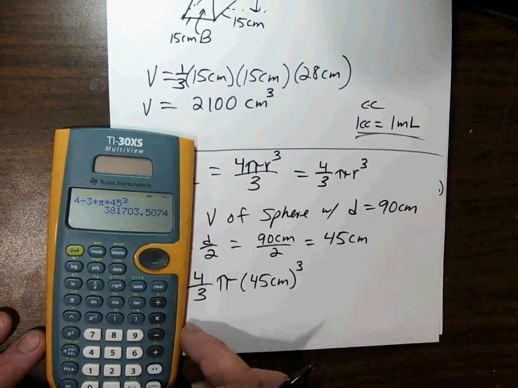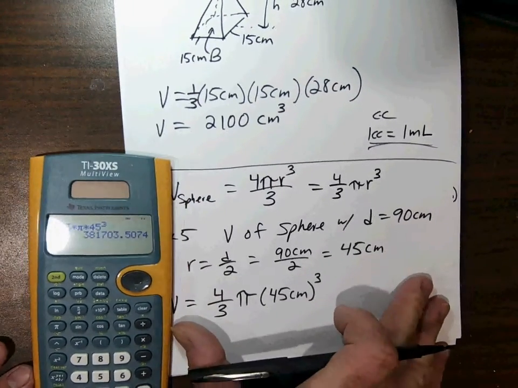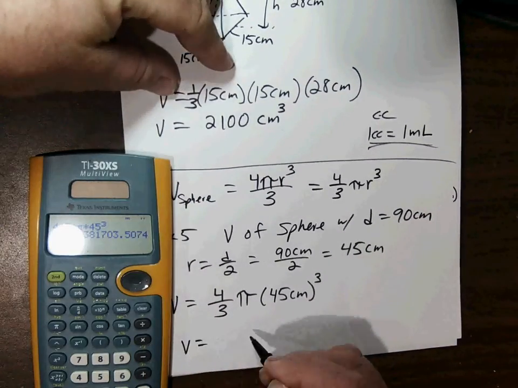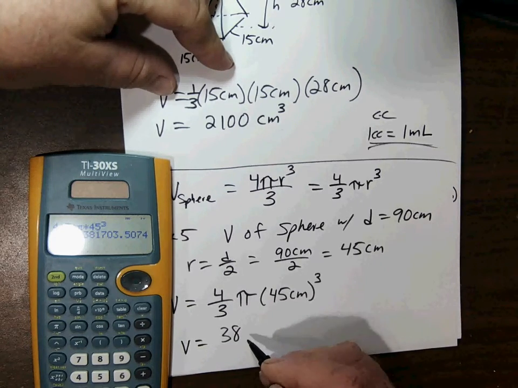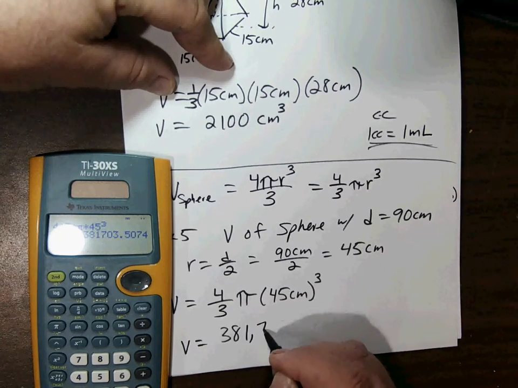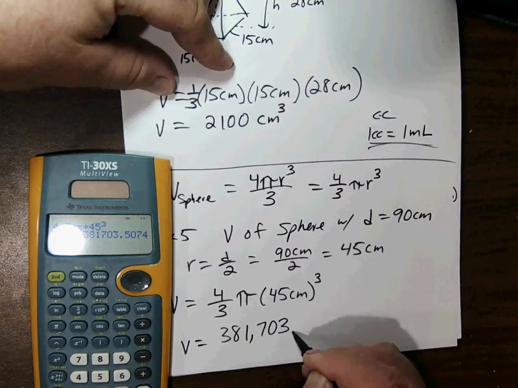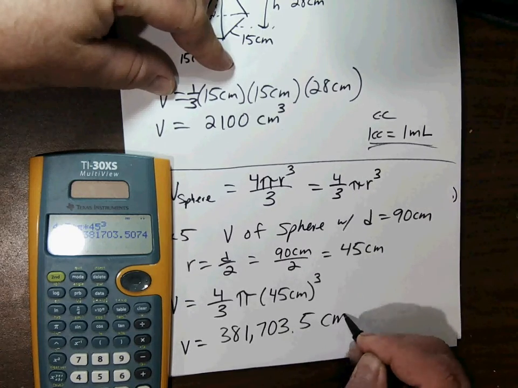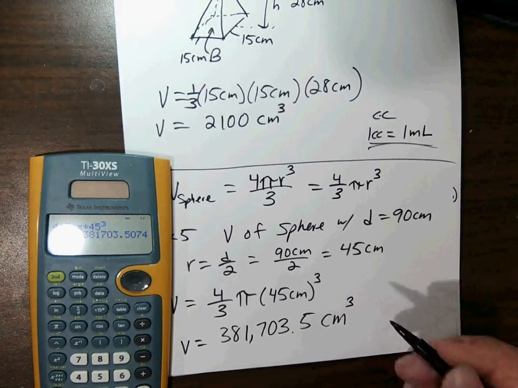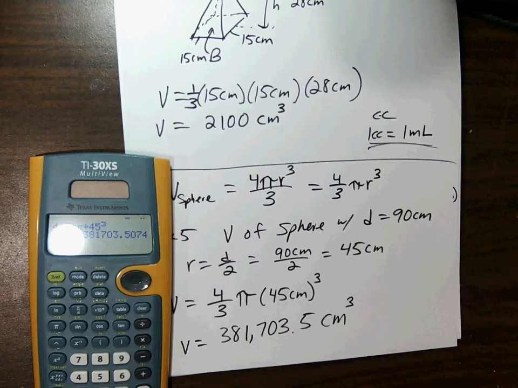Alright, equals. What do we got here? Whoa, baby. We got a big number. Volume equals 381,703.5. What's the unit? Cubic centimeters. This probably asked us to round. It did not ask us to round.